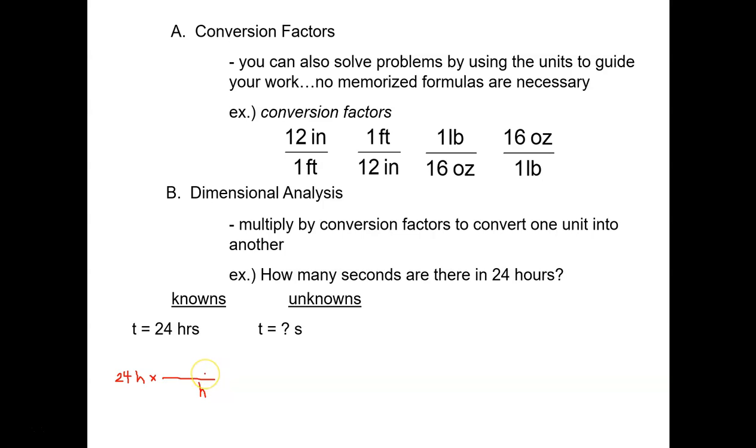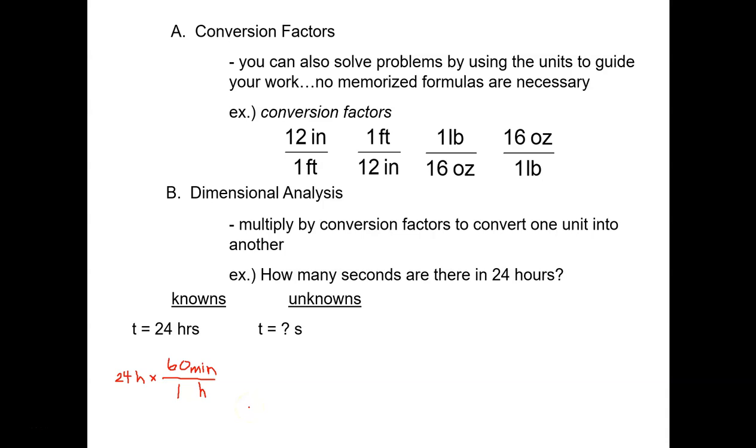Normally, the unit that I would put on top would be the unit that I'm looking for, except that would require me to know how many seconds are in an hour. I don't know that off the top of my head. Most people don't. So let's figure out how many minutes are in an hour, right? That's something that's obvious to everyone. There are 60 minutes in 1 hour.